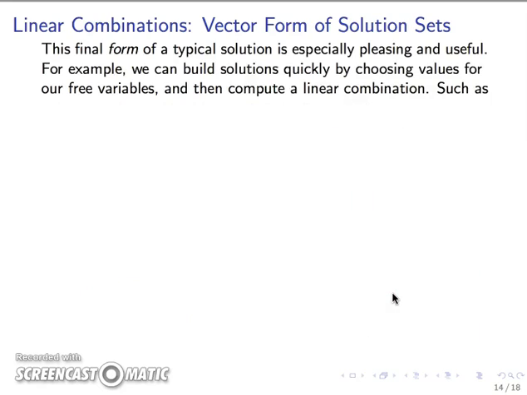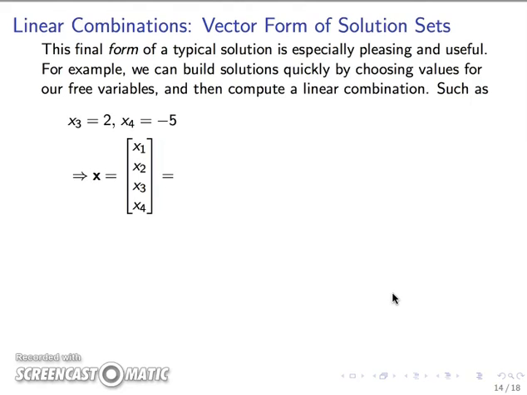So all this is pointing to the so-called vector form of solution sets. This final form of a typical solution is much more useful. We can build solutions quickly by choosing values for the free variables and then computing a linear combination. So as an illustration, we select specific, arbitrary values for free variables x3 and x4. So we set x3 to 2, x4 to minus 5. You may try this with different values of your choice.